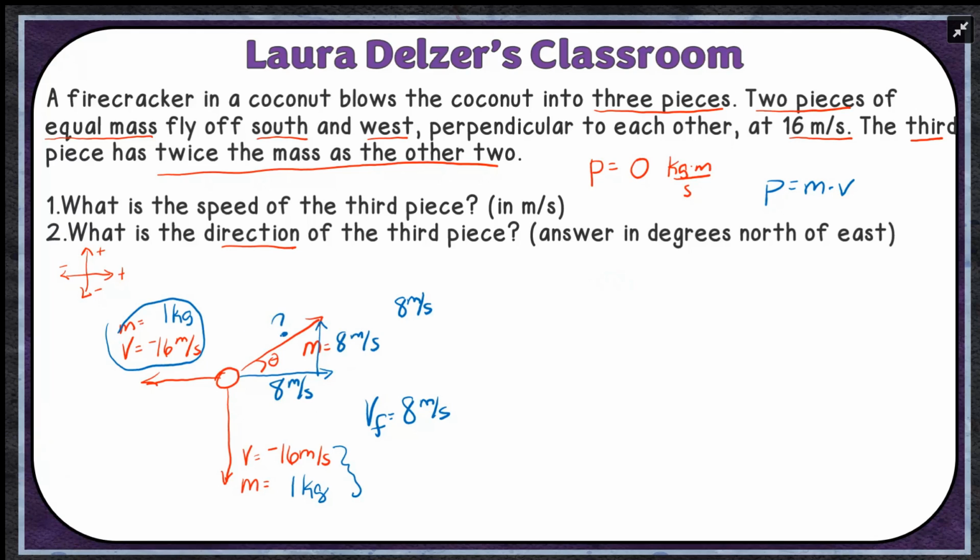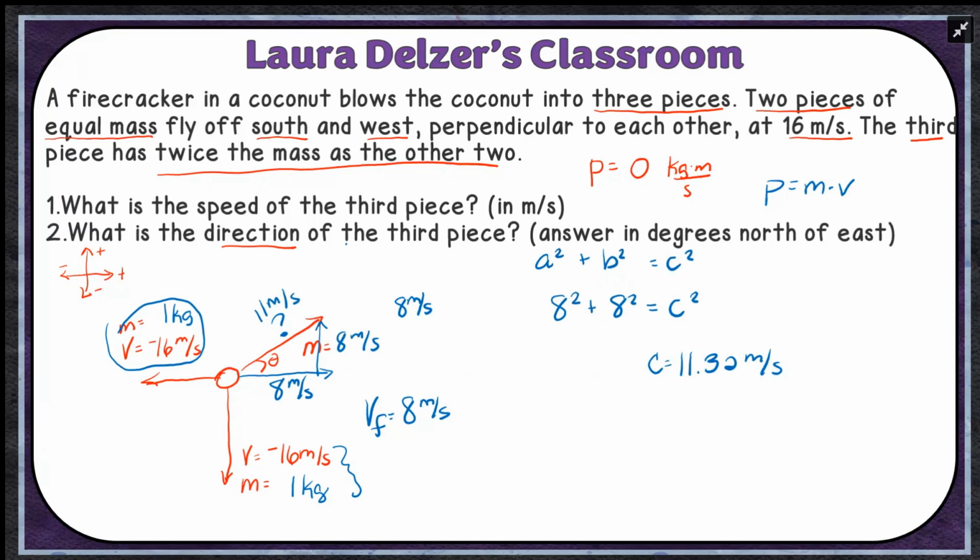We can find out what this resultant vector is by using the Pythagorean theorem. So we can simply do 8 squared plus 8 squared. We're doing a squared plus b squared equals c squared, right? When we do a little bit of math, we get 11.32 meters per second.